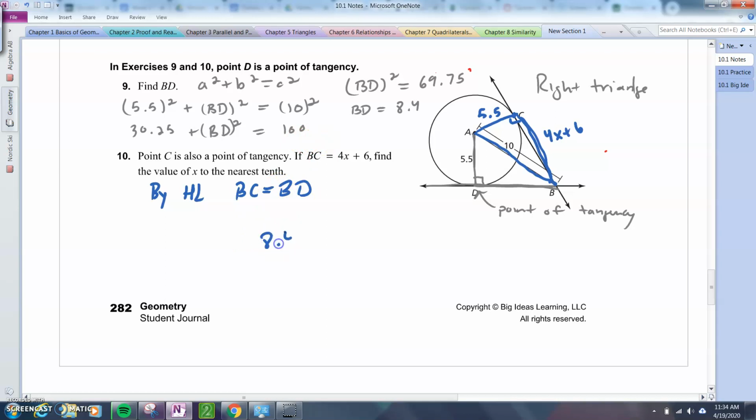BD was 8.4, and we were given BC as an expression of 4x plus 6. We'll do a little algebra here. We're going to subtract 6 from both sides to get 2.4, and then we're going to divide both sides by 4.